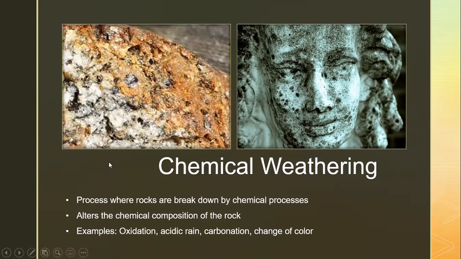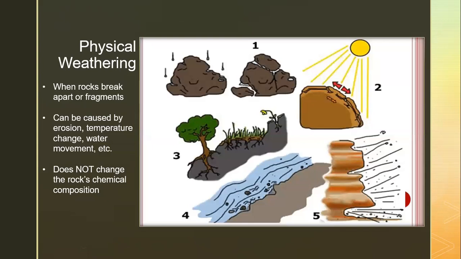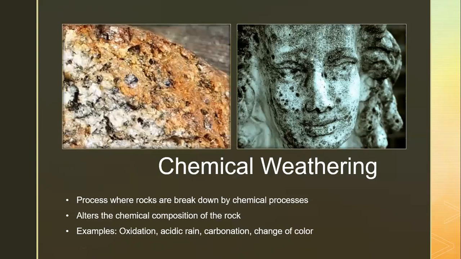You'll see an example in your lab, but just note the differences. Physical weathering usually results in a breakdown of the rock. It's just fragmenting the rock or breaking down the rock even more. With chemical weathering, you're changing the composition, not necessarily the size, and you're not necessarily breaking the rock down.